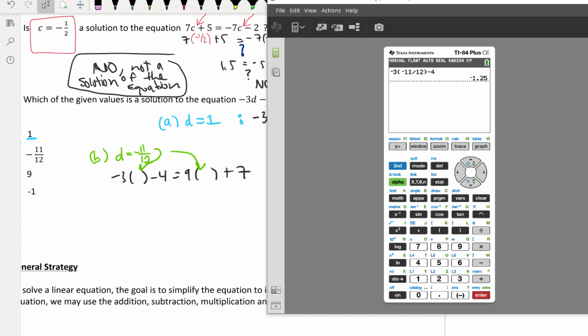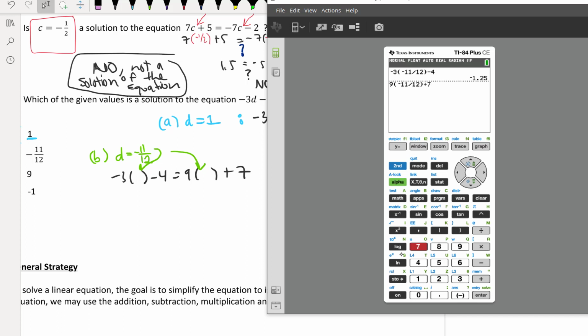So now I'm going to plug it into my right-hand side. So I'm going to have 9 times your negative 11/12, and then you have your plus 7. So now I'm plugging into the right-hand side of the equation.